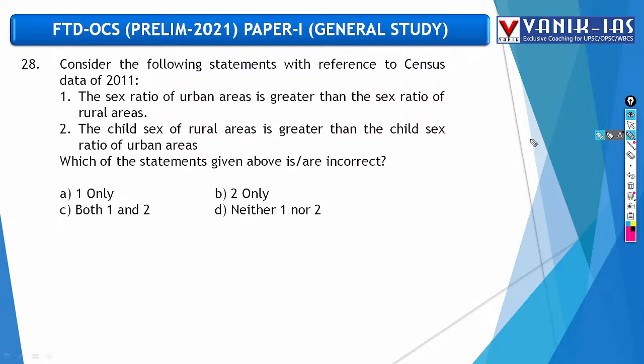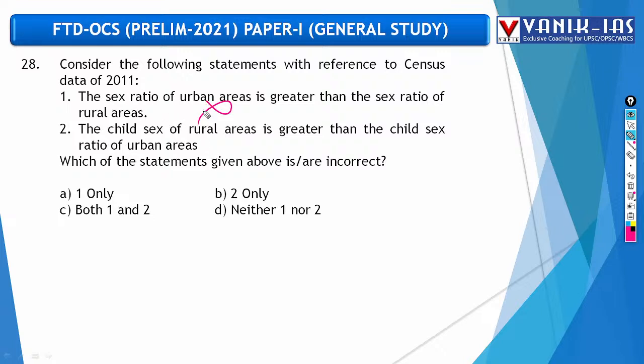Consider the following statements with reference to Census data 2011. The sex ratio of urban areas is greater than the sex ratio of rural areas. Which of the following statements is incorrect? This one is wrong, because in urban areas people misuse sex determination, so the sex ratio in urban areas is not greater.